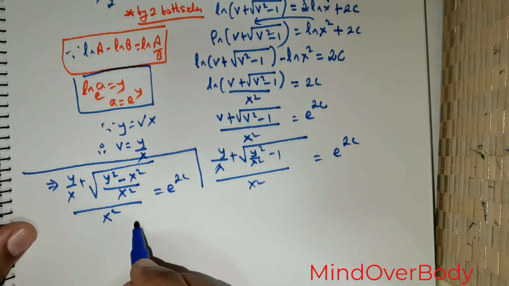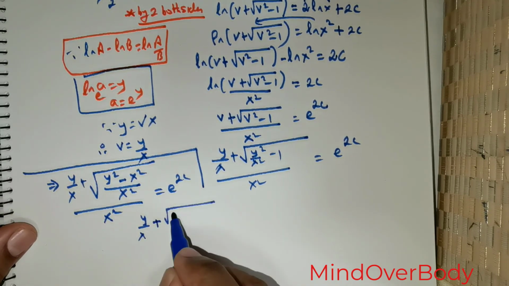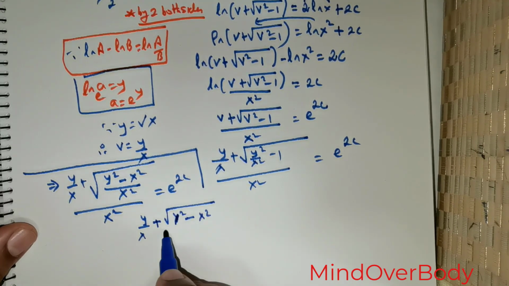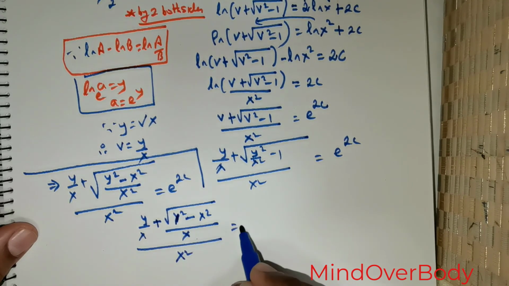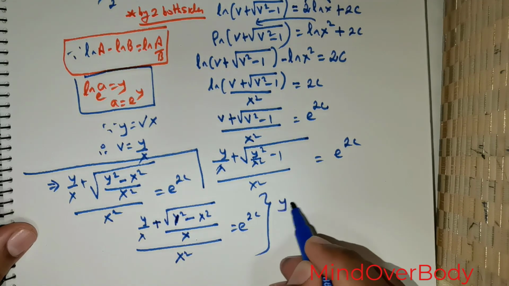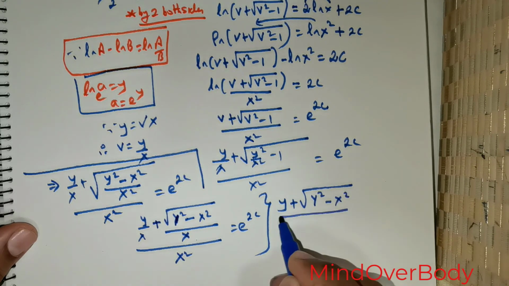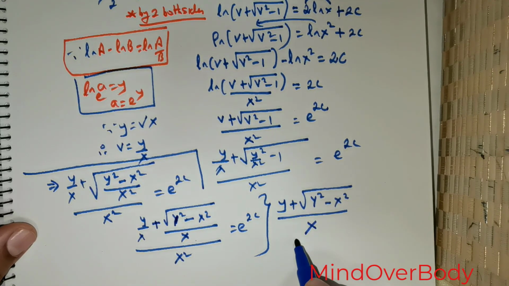Now we can rewrite this as y over x + root of y² − x². Root of x² gives me x, divided by x² is equal to e raised to the power of 2c. Now this can be rewritten as y + root of y² − x² divided by, the LCM is x, and I got an x² here.